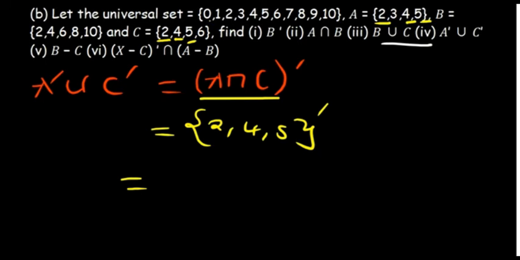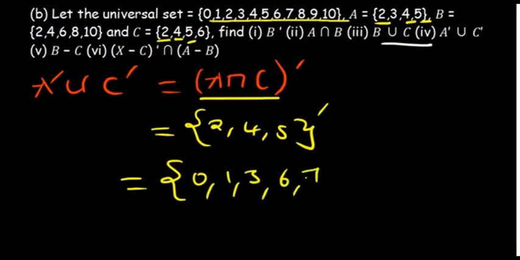If you look at the entire universal set, remove 2, 4, and 5. What remains is your solution. So you have 0, 1, 3, 6, 7, 8, 9, 10. These are the members of the given set there.